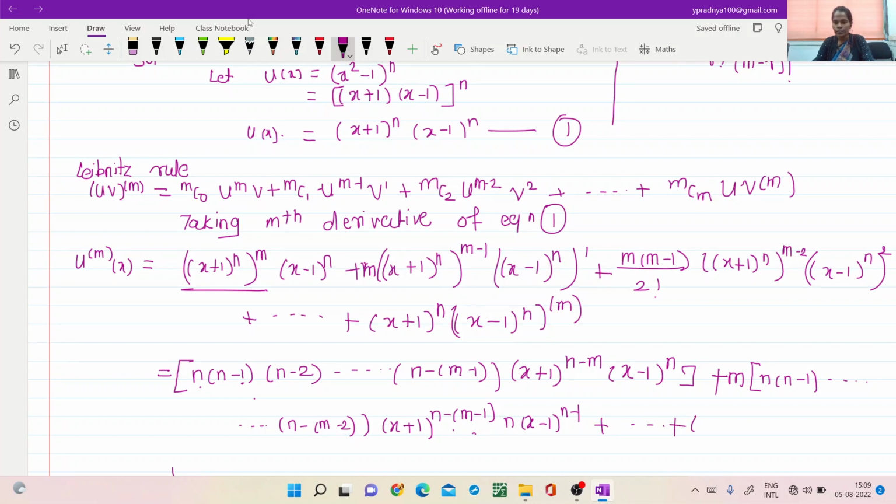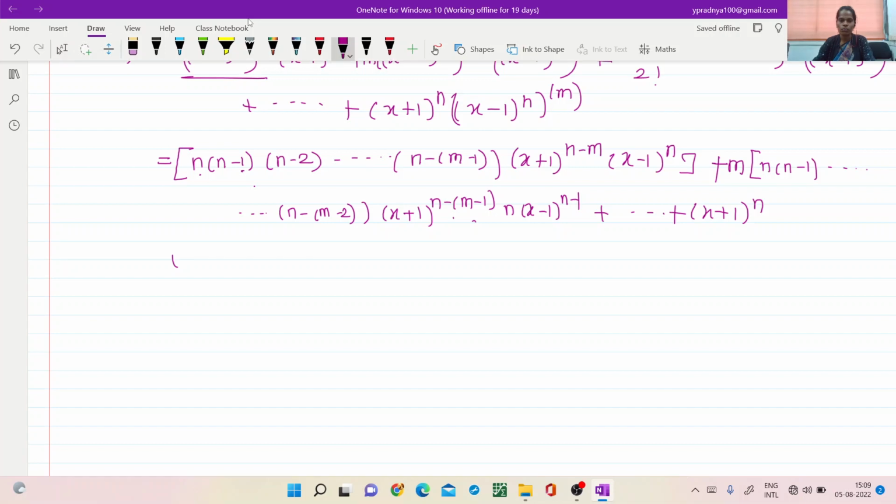The last term, (x plus 1) raised to n into the mth derivative of (x minus 1) raised to n, will be n, (n minus 1), (n minus 2) and so on, (n minus m plus 1) into (x minus 1) raised to (n minus m). This is our mth derivative of u at x.